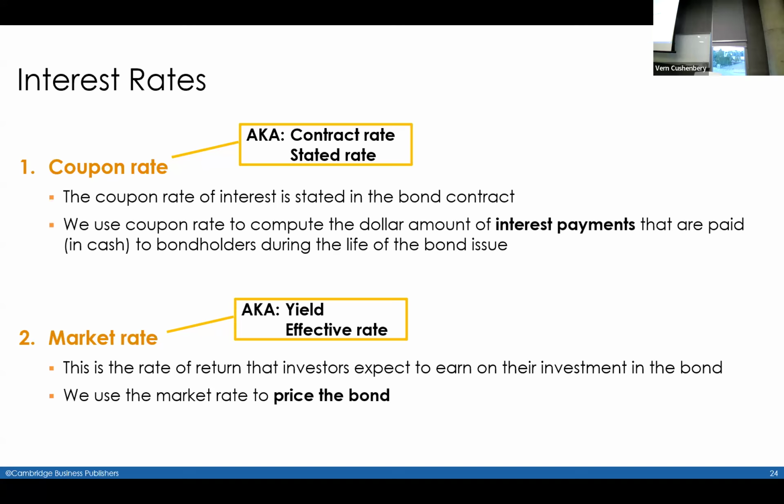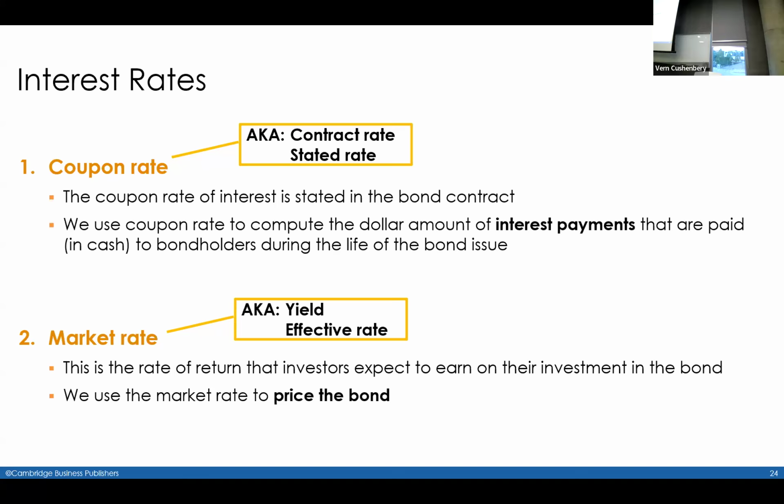Okay, now we're gonna talk about something called effective rate. The effective rate, or the market rate, I wish we didn't have more than one term for the exact same definition, but effective rate and market rate are the same thing. So if I buy a bond for $1,000 today, 5% coupon rate, and interest rates go to 10%, the price of my bond is gonna go way down.